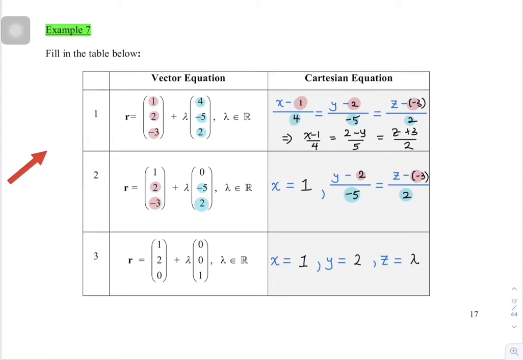Because we are only looking at the Cartesian equation, and we know that the Cartesian equation shouldn't have any parameter in the equations, we will not include z equals lambda as part of the Cartesian equation. So the Cartesian equation for question number 3 is just x equals 1 and y equals 2.